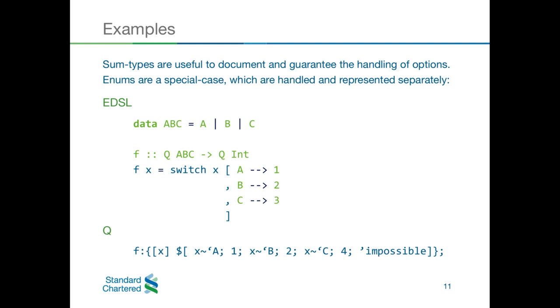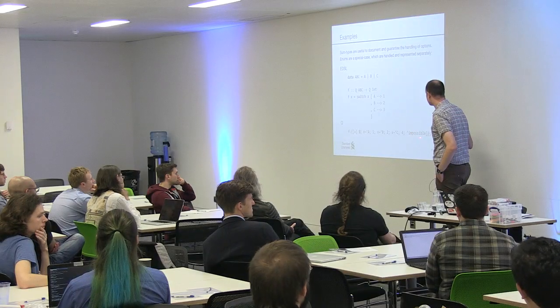There is an exhaustiveness check that's done at staging time to check that you have provided all the cases. So it's not done by the GHC compiler, but it's done by the EDSL compiler, and that's what it would look like in Q. You'd always have to have this impossible case here.